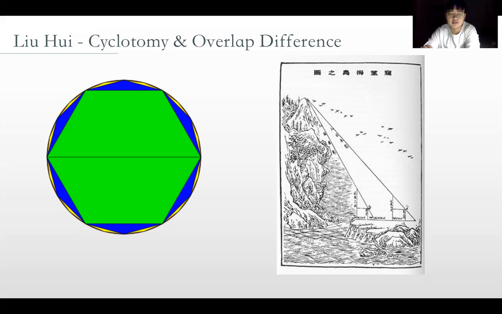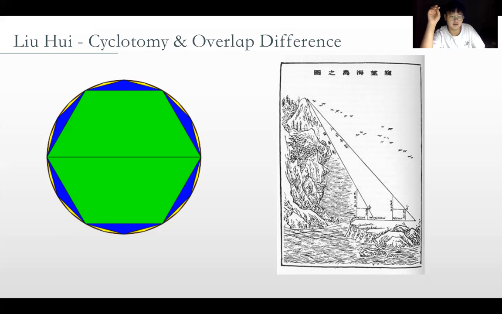Liu Hui said that we can make an inside hexagon in the circle, and then we can obtain the area of the hexagon easily. Then we can divide it again, and we get an area which is closer to the circle.